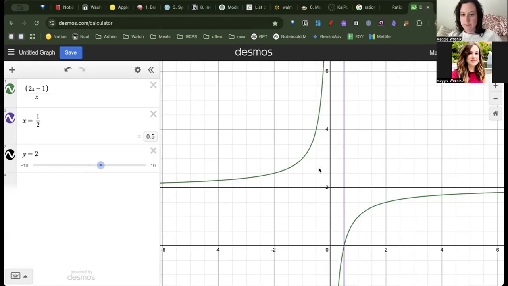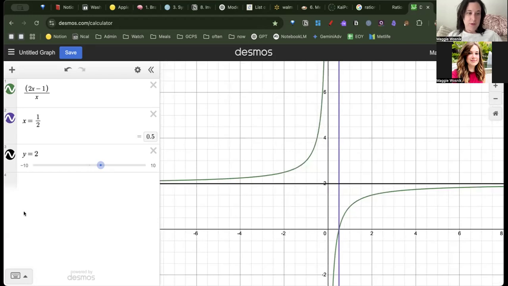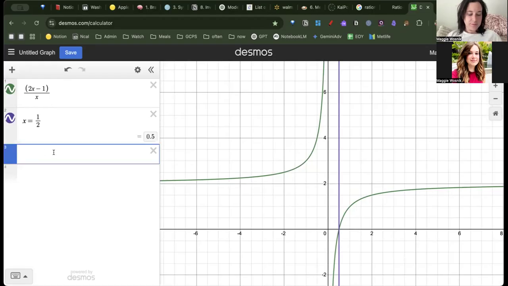X cannot be 0, because we cannot have a 0 in the denominator. So let's add x equals 0. There it is. X equals 0. That's our vertical asymptote.